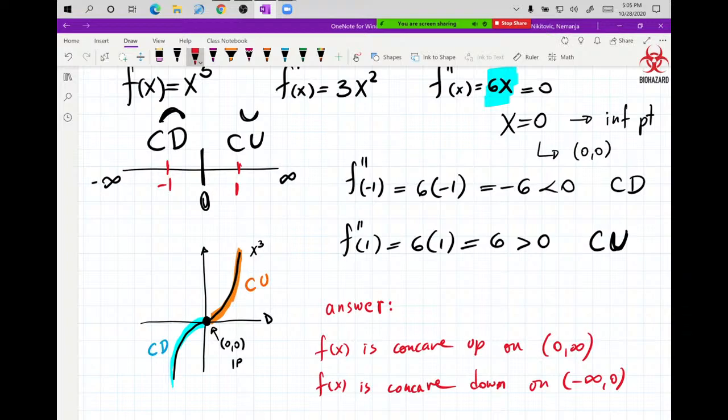That's the answer, because before, the question was find the intervals of increase and decrease. Now find the intervals of concave up and concave down, where the function is concave up and where the function is concave down.